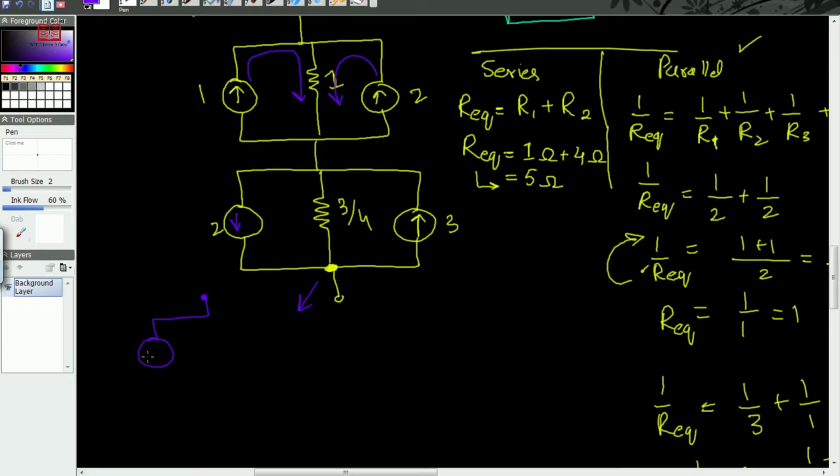So we can replace the two current sources with one having the polarity like this, meaning the polarity is added. And here we have a resistance, and the value of this resistance is 1. Definitely there is no change in the resistance, but we can add 2 plus 1, and it's 3. Simple. This is now done.